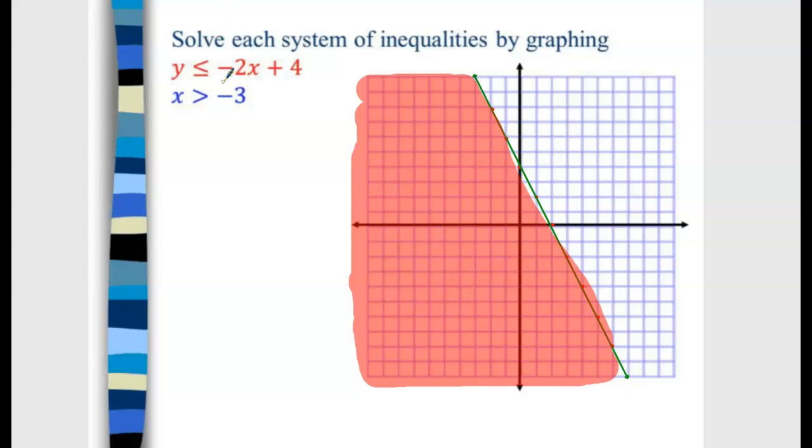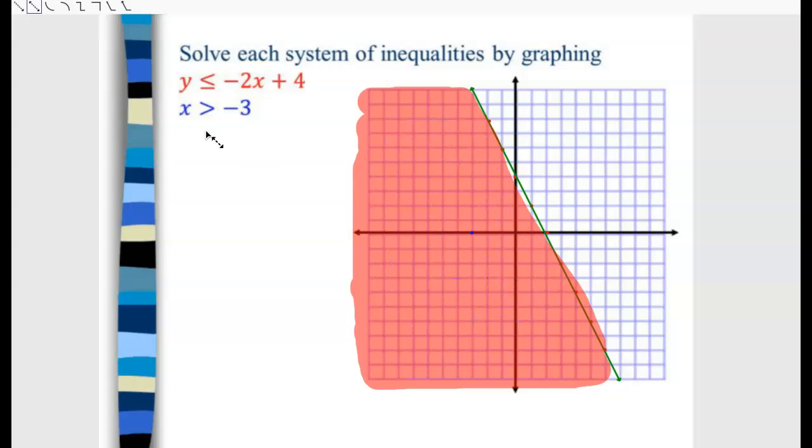And then for the blue, we have x greater than negative 3. So there is no y for this problem. So you have an x line alone. You get a vertical line. So we have to go to x being negative 3. And then x being negative 3 goes straight up and down.